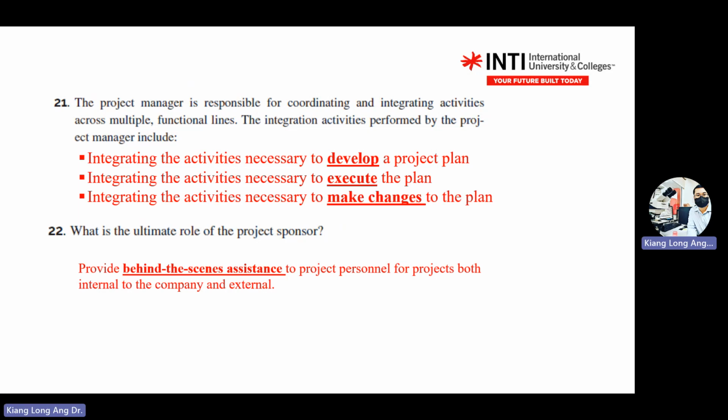Anything as long as it does not touch the responsibility of the PM or the functional manager, then you are okay. If this kind of question asks you the project sponsor roles, you don't put PM roles, you don't put functional manager role inside here. Anything that is behind the scene assistance, then you are okay.